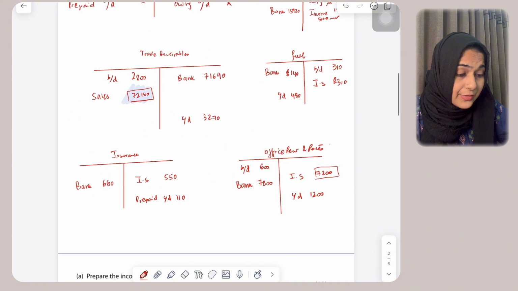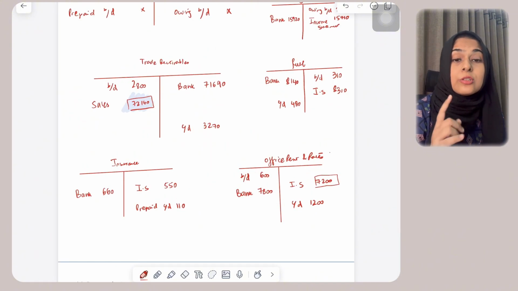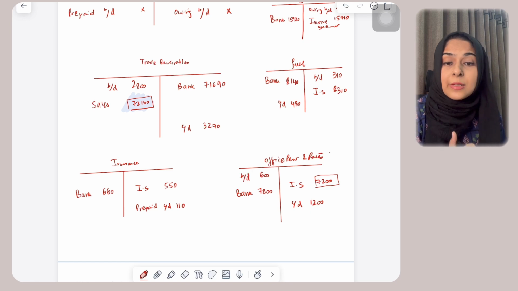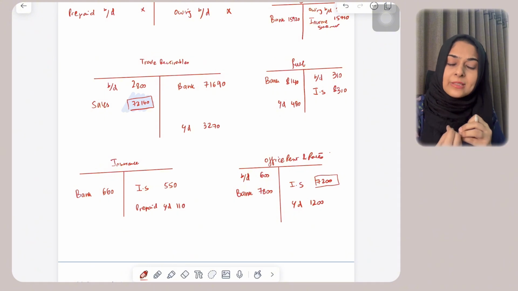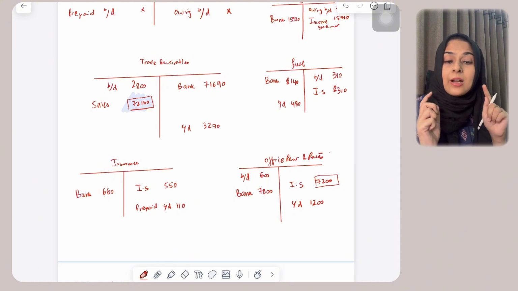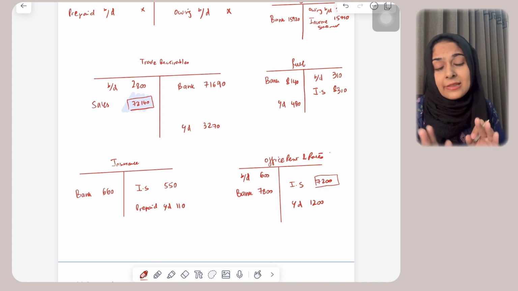It is very important to know that the income statement is not based on the cash concept. Income statement is based on the accrual concept. What accrual concept means is that incomes are recorded when services are given. When your money is received is not important. The important thing is that if you have given the service, then that is your income.